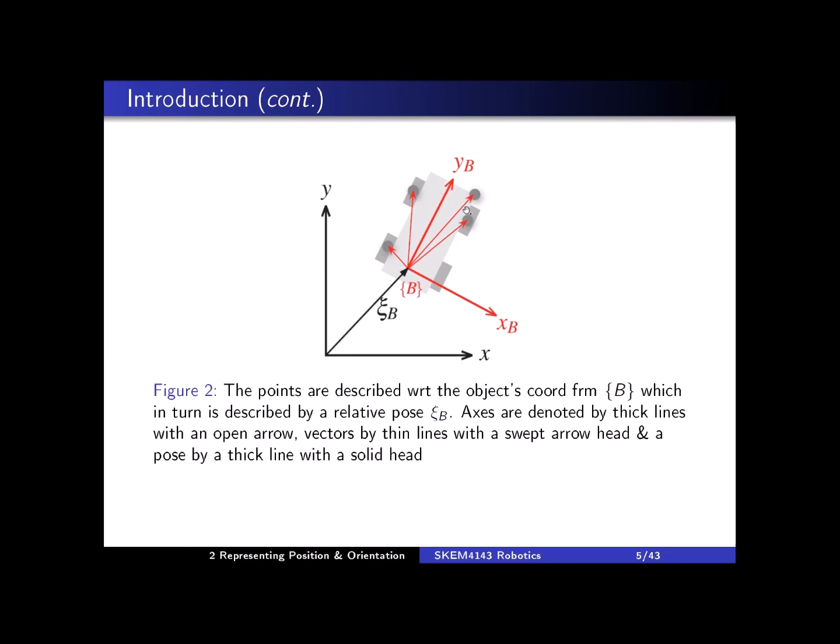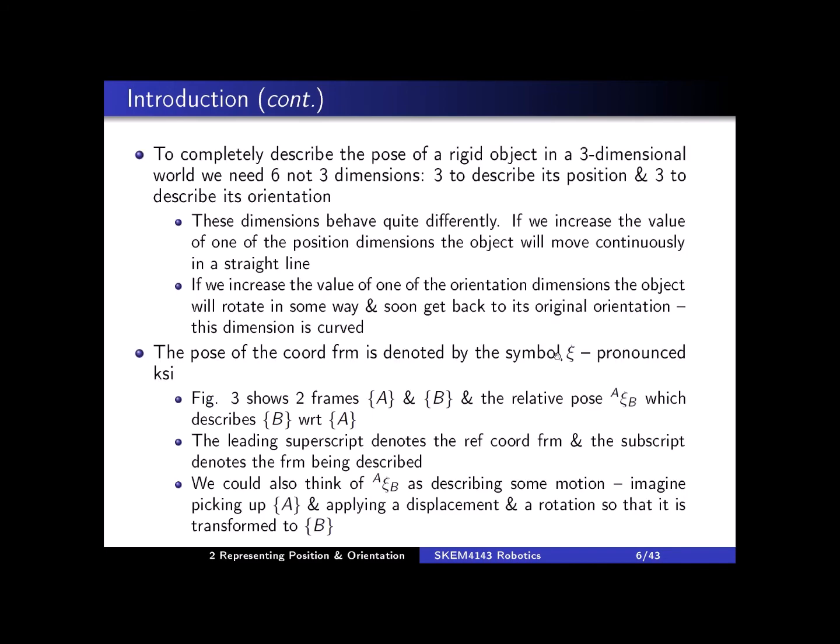So the dimension is therefore curved. On the other hand, if I increase the value in the position dimension, in the x-axis, it will continue to move. But if I rotate it in the orientation dimension, it will get back to the same orientation after some time.